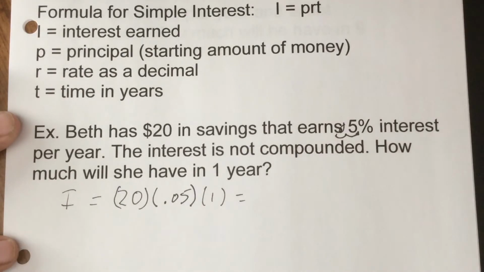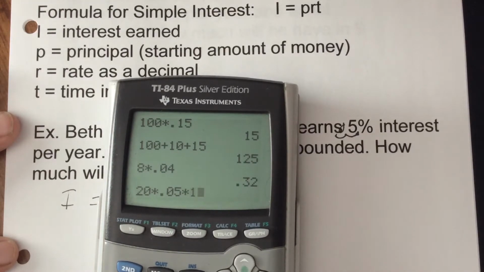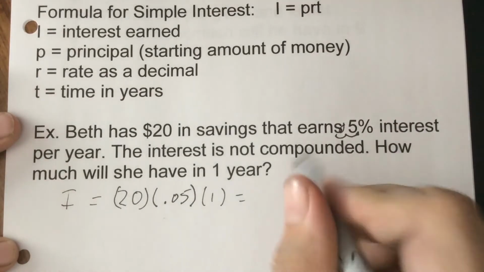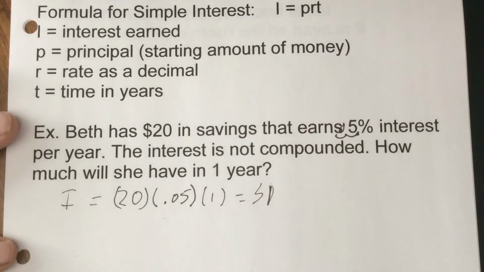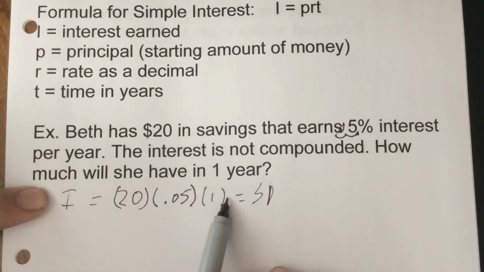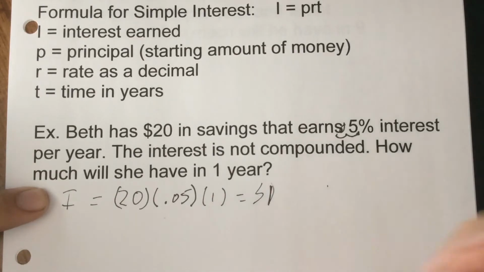So in our calculators, we're going to do 20 times 0.05 times 1 and get $1. Remember, parentheses mean multiplication.